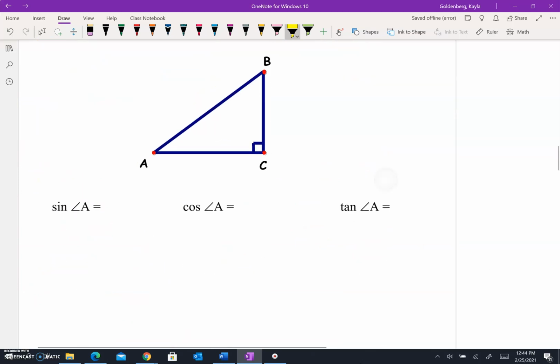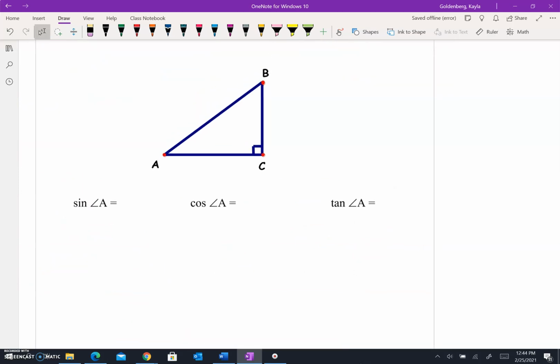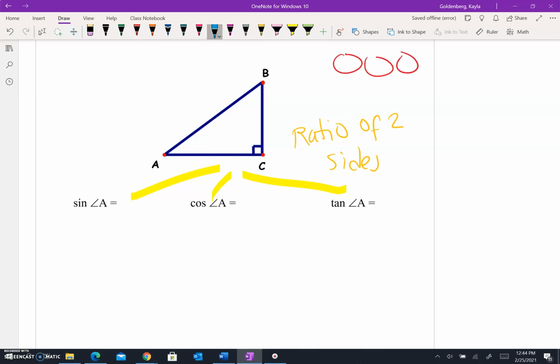So here's where we're going to introduce the new vocab words: sine, cosine, and tangent. And all these 3 things, they're basically taking a right triangle and you are doing a ratio of 2 sides. Right, we've done ratios before. If you think about examples, like if I've got marbles, here are some marbles.